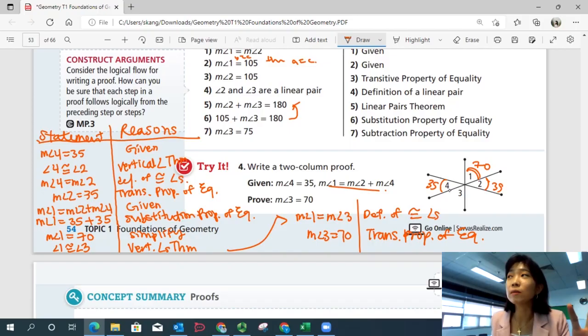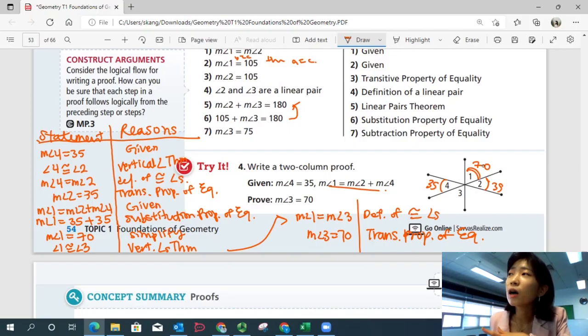So that's your planning process before you write a 2-column proof. Before you write a proof, think about how you can prove it. You're going to hide the fact that measure of angle 3 is going to be 70. Try to figure it out by yourself. Start with the given information. If that's 35, then that should be 35.